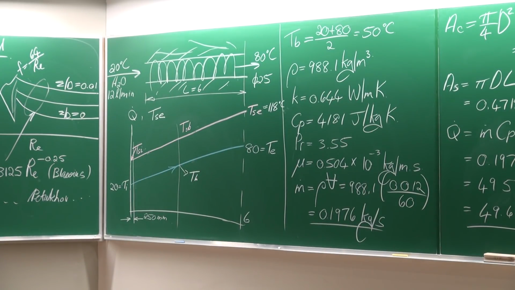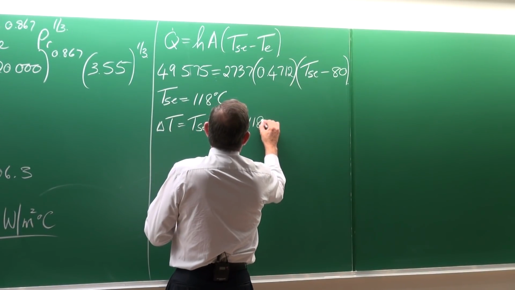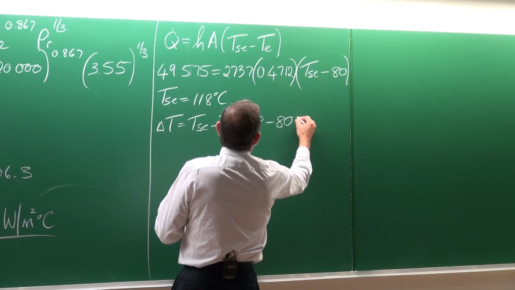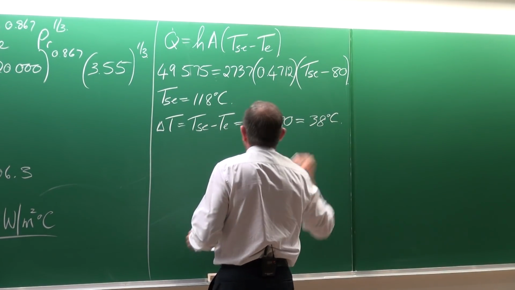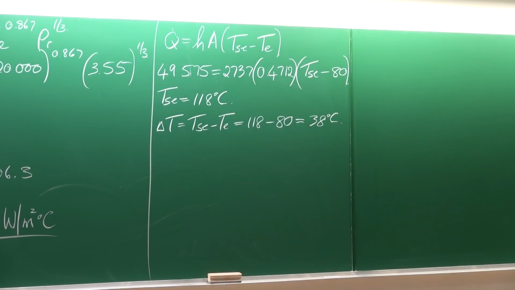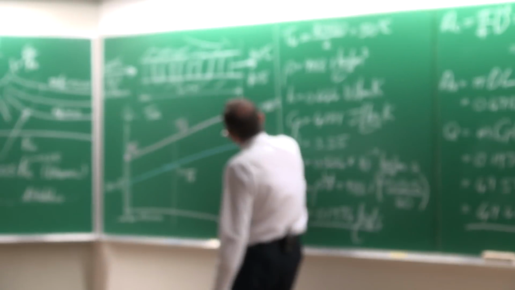So therefore, delta T, which is equal to the surface temperature at the outlet minus the fluid temperature at the outlet, is equal to 118 minus 80, and that is equal to 38 degrees Celsius. So the delta T is 38.